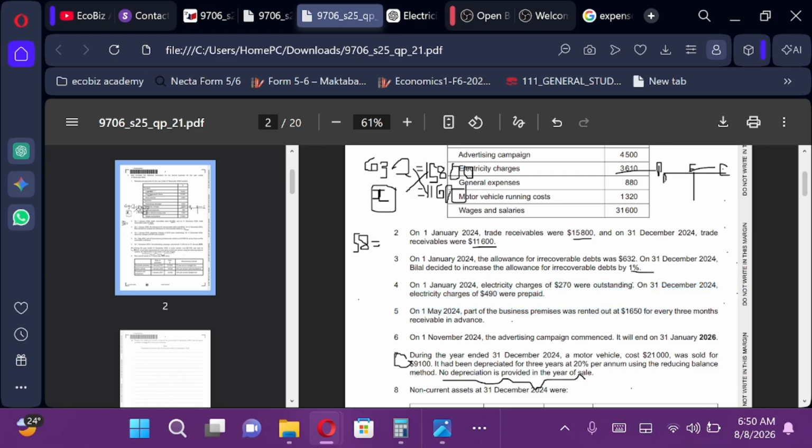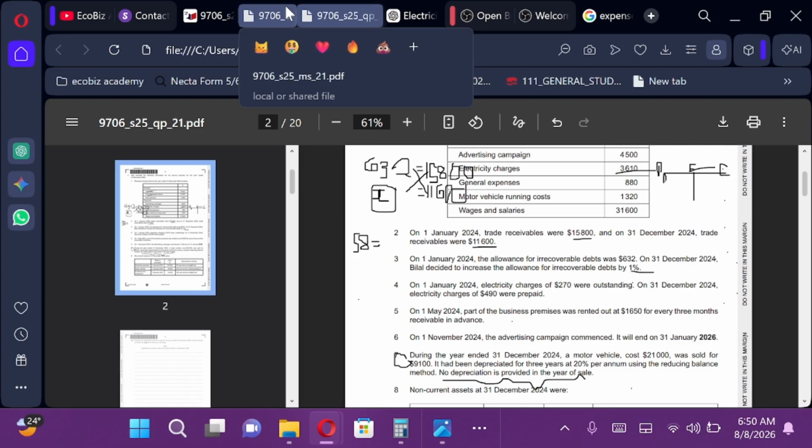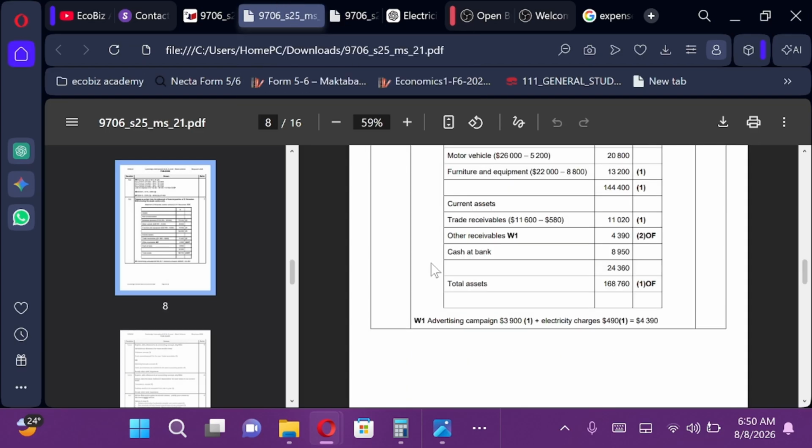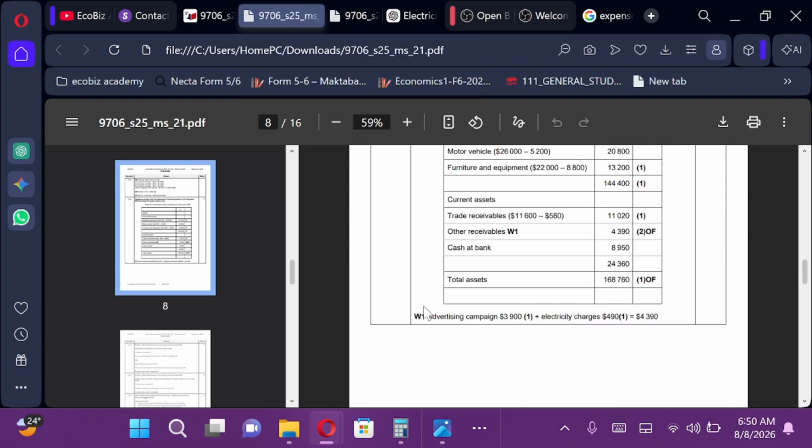I've already explained prepaid, but I'll make another video explaining it in more detail. We always take the 31st of December amount, the end of the year. So we'll take 490 because it's the only amount we're given for the end of the year. Advertising campaign 3,900 plus 490, we get this amount, which we just put here.